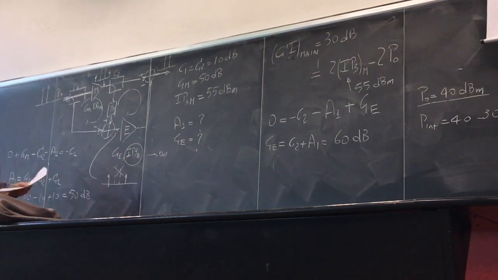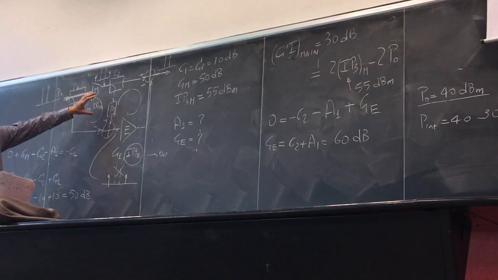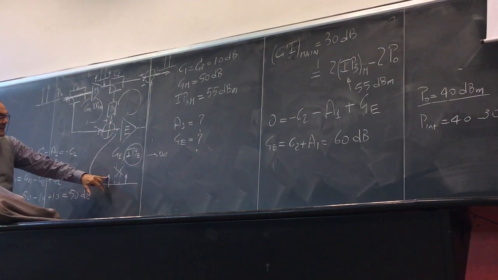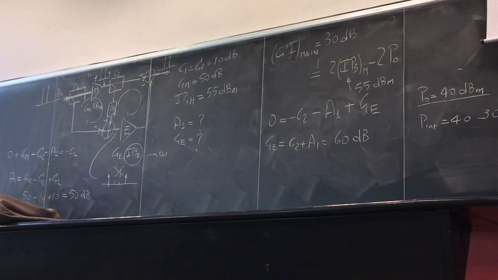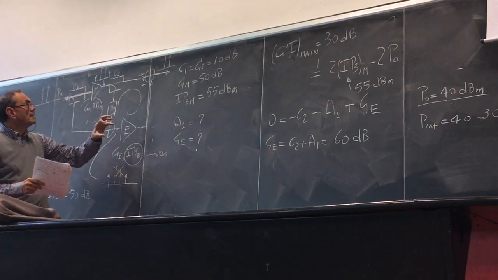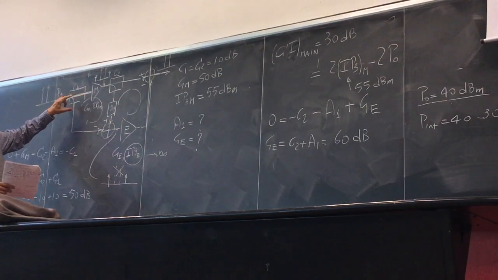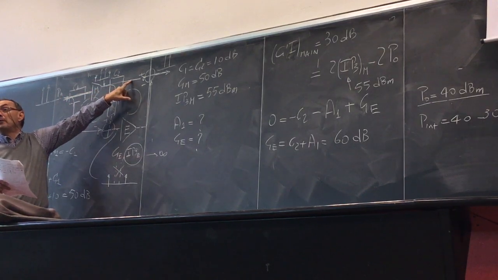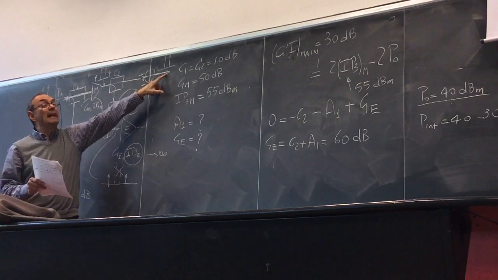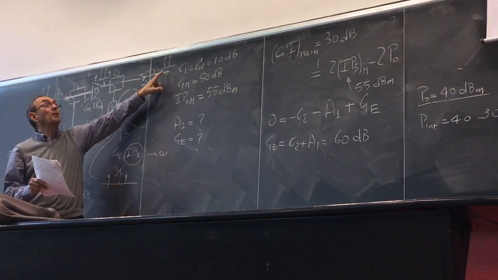Now, this means also that once we are at the input of the signal, we have only the two intermodulation lines remaining. Okay? So we have also to observe that the power at the output of the error amplifier is just the power at the output of the feed-forward. What does that mean?